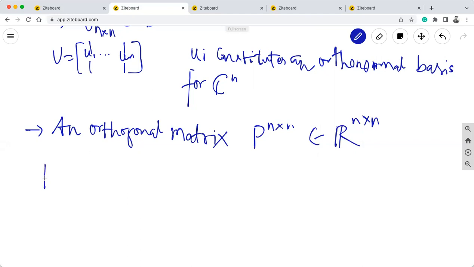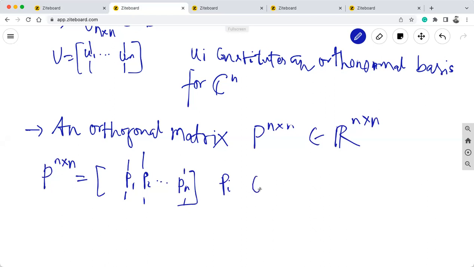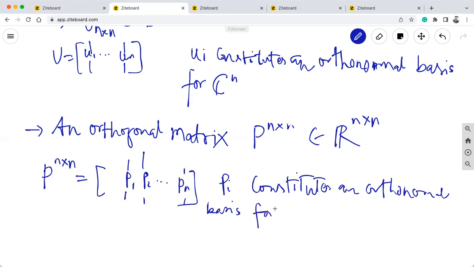If you represent your capital P matrix n cross n by its columns as P1, P2 up to Pn, then every Pi, these vectors, constitutes an orthonormal basis for R^n.